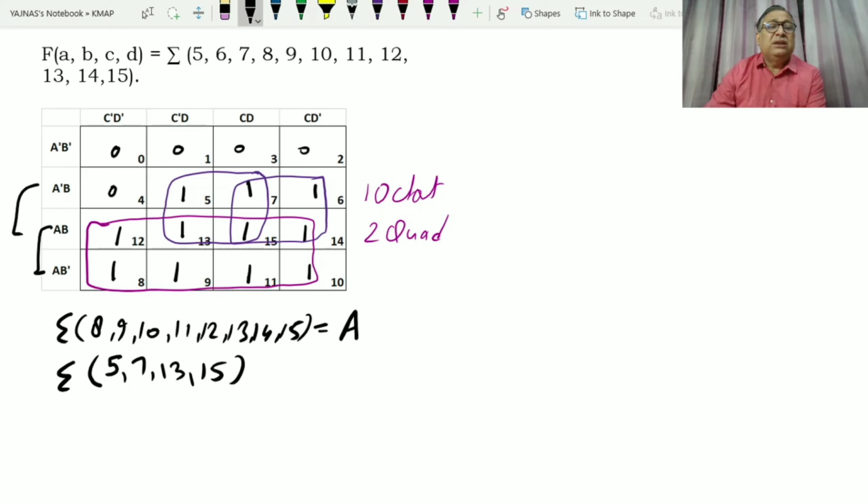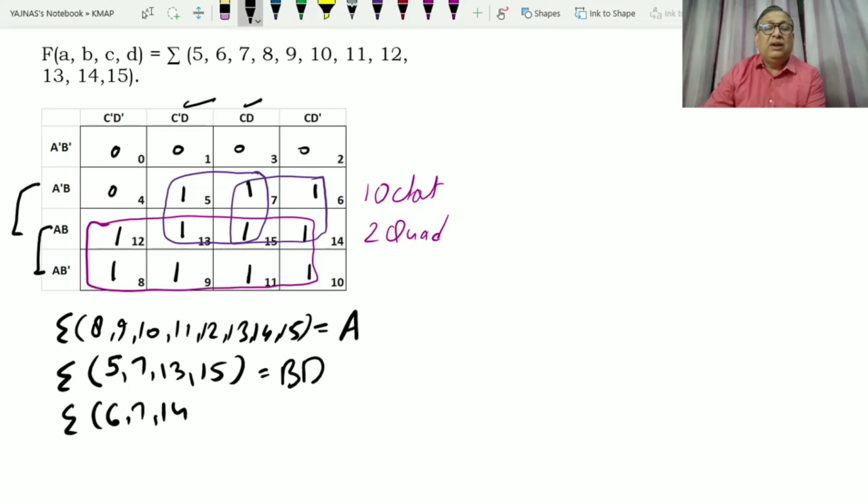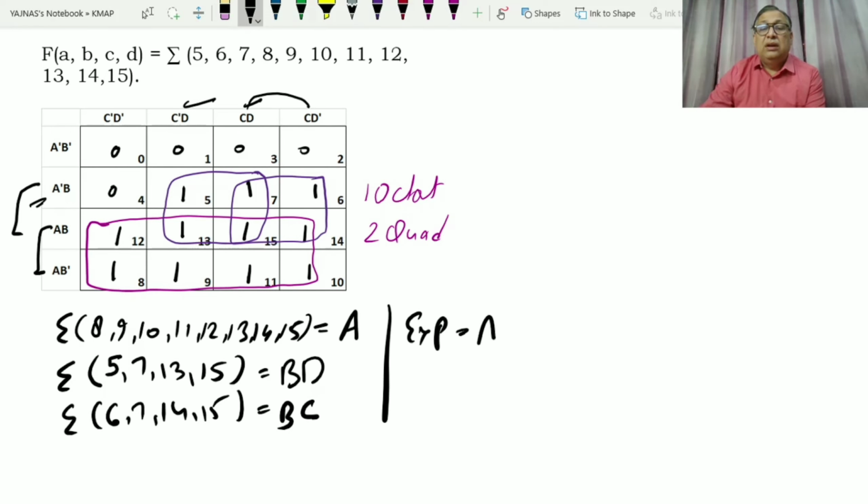Left of 5 and 7 is B, and from the top, D is constant. Then 6, 7, 14, 15: from the left, again, B is constant, and from the top, C is constant. So the expression is A plus BD plus BC.